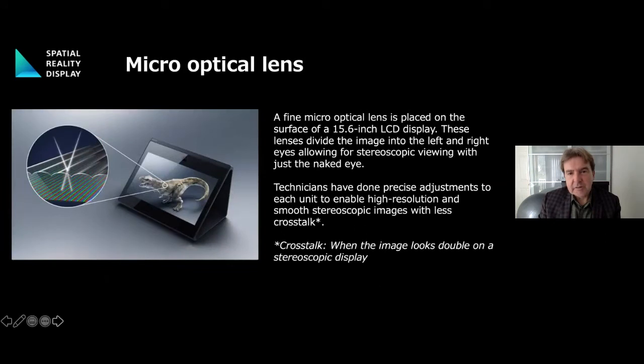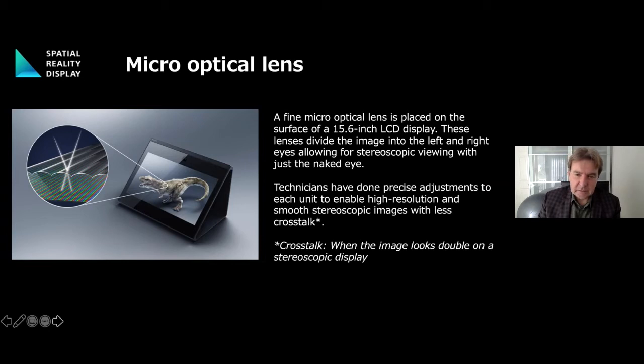Next is the micro-optical lens, and this is a 15.6-inch 4K LCD. As you can imagine, the pixels on the LCD are very small, and the lenses above the pixels also have to be very small indeed. And the lenses are accurately aligned with the pixels to give a stereoscopic view, sending pixels to the left or right eye depending on your head position.